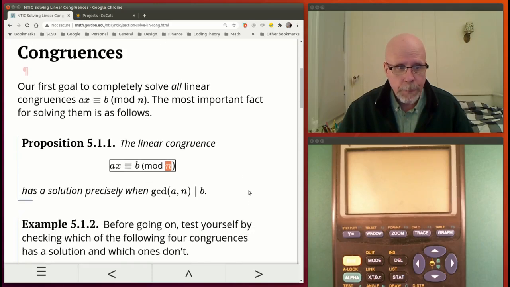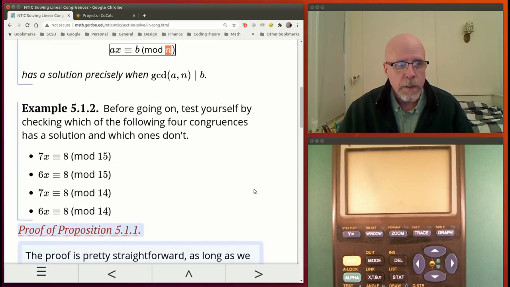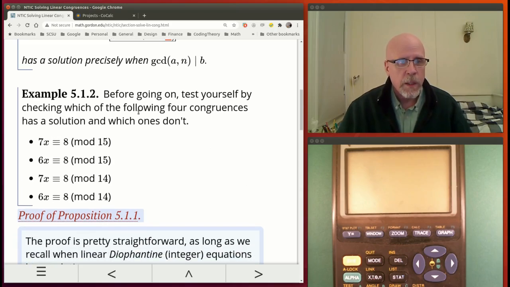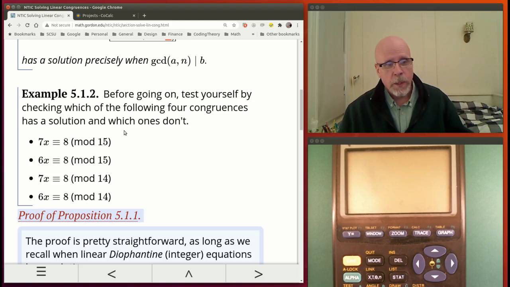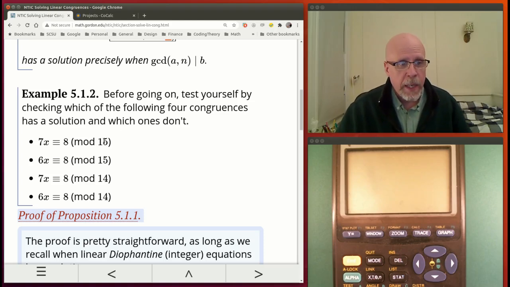That's what it says. So here's a good thing to look at and just test ourselves. Which of these have a solution and which ones don't? In the first two, the n is 15, and the coefficient of x is 7 in the first one and 6 in the latter one.